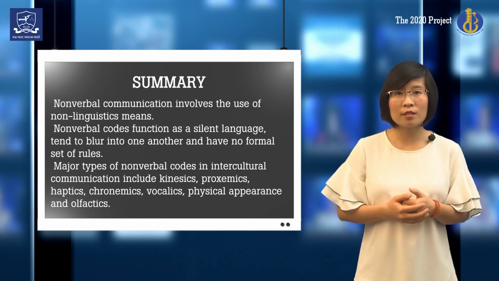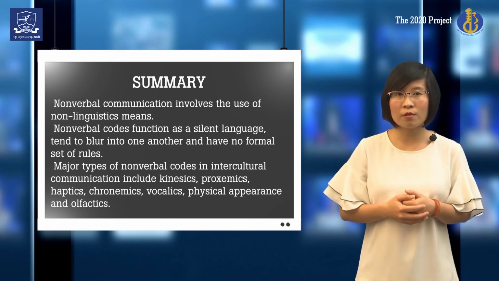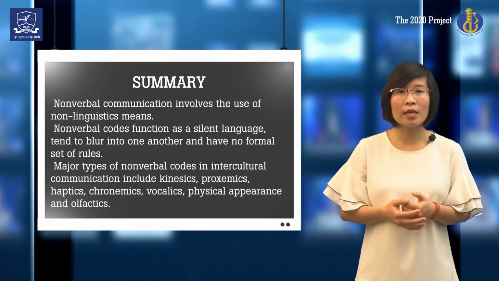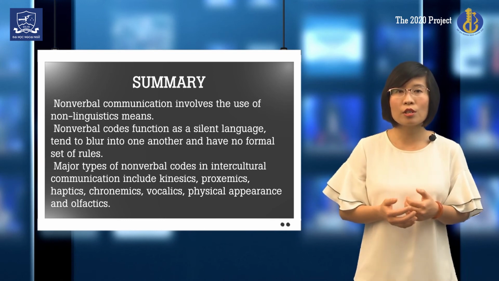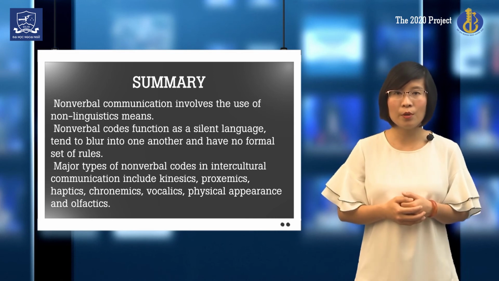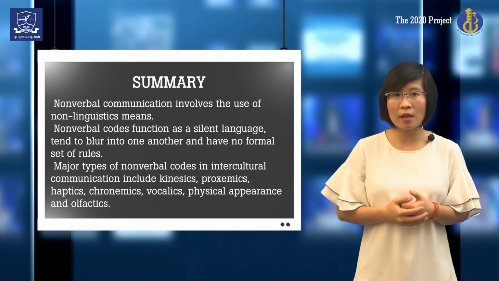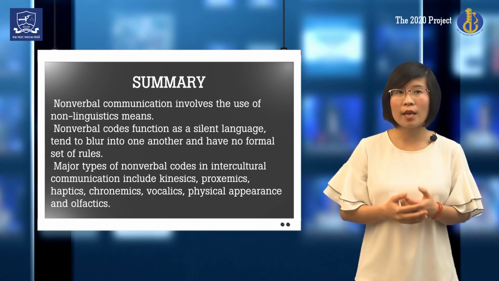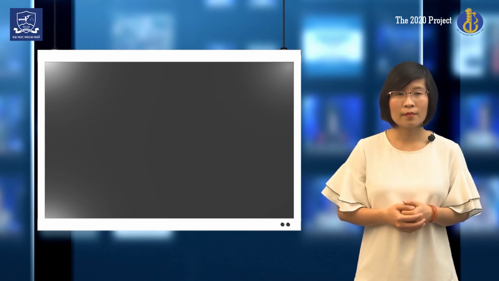There are no formal sets of rules to understand the cultural meanings of nonverbal codes. Finally, there are 7 major types of nonverbal codes which are argued to be most relevant to intercultural communication. However, despite certain universality, how people use and interpret them vary across cultures.